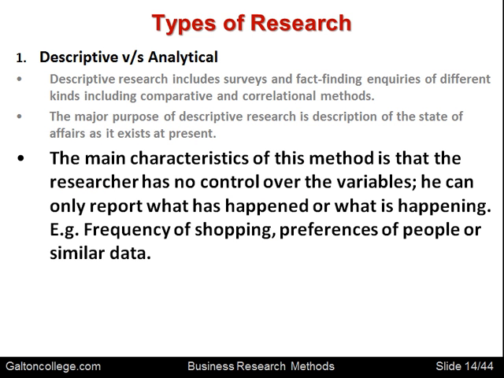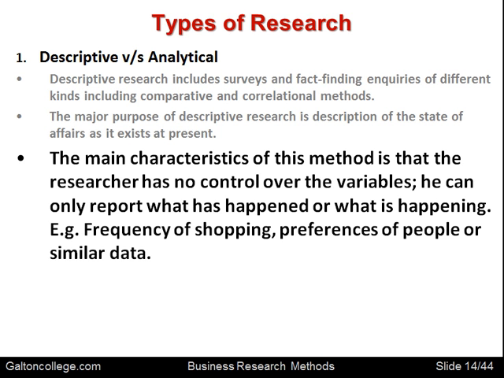The main characteristics of this method is that the researcher has no control over the variables. He or she can only report what has happened or what is happening. For example, frequency of shopping, preferences of people, or similar data.